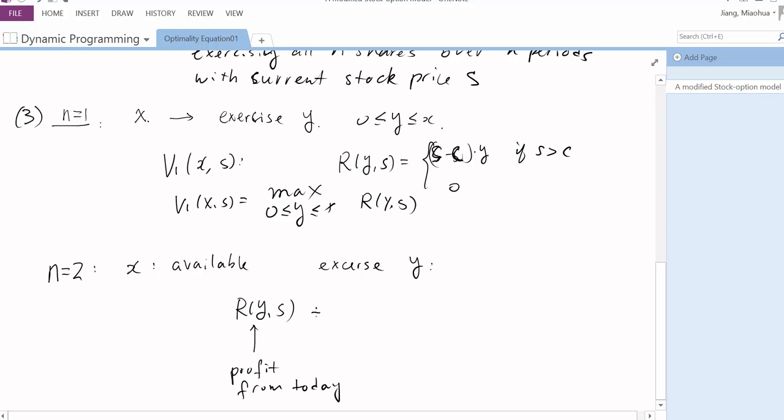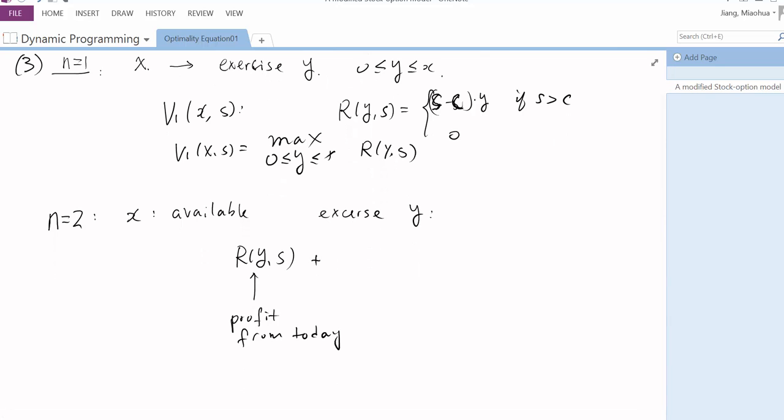And then we need to add the maximum expected profit from future. Now, because we have exercised Y shares, we only have X minus Y shares left for tomorrow.